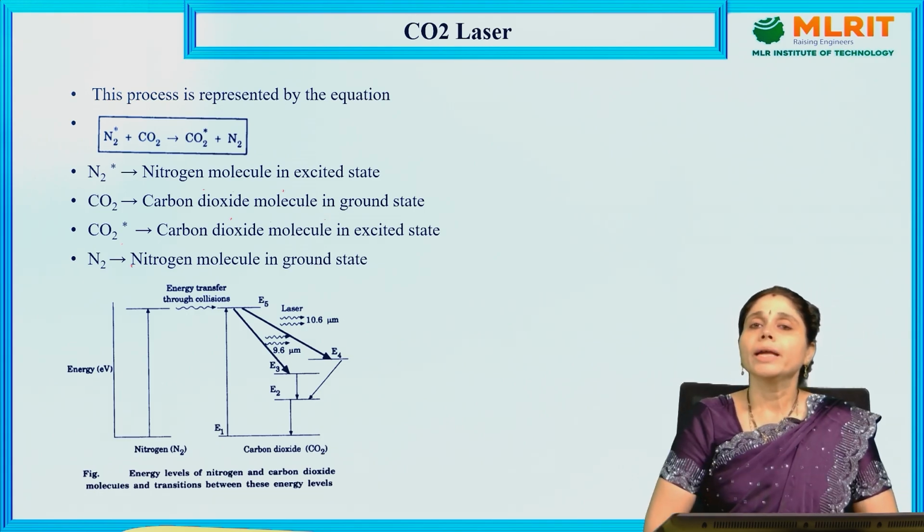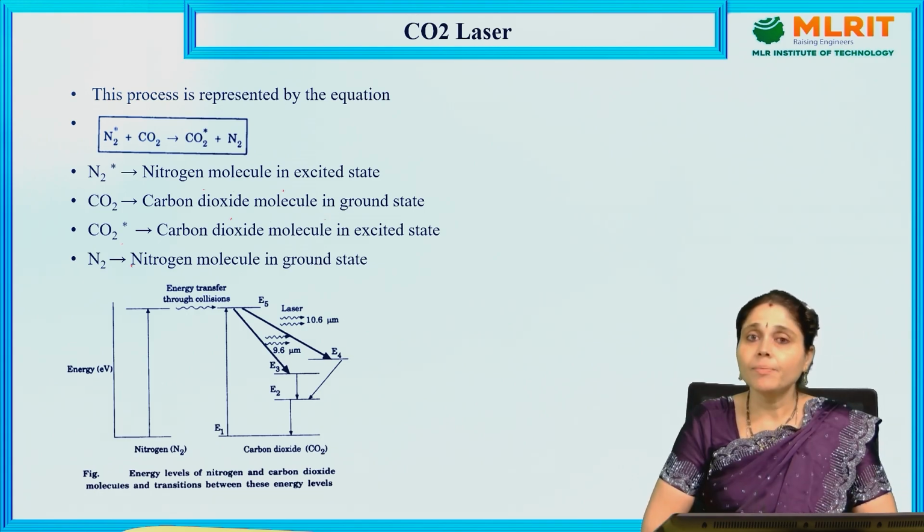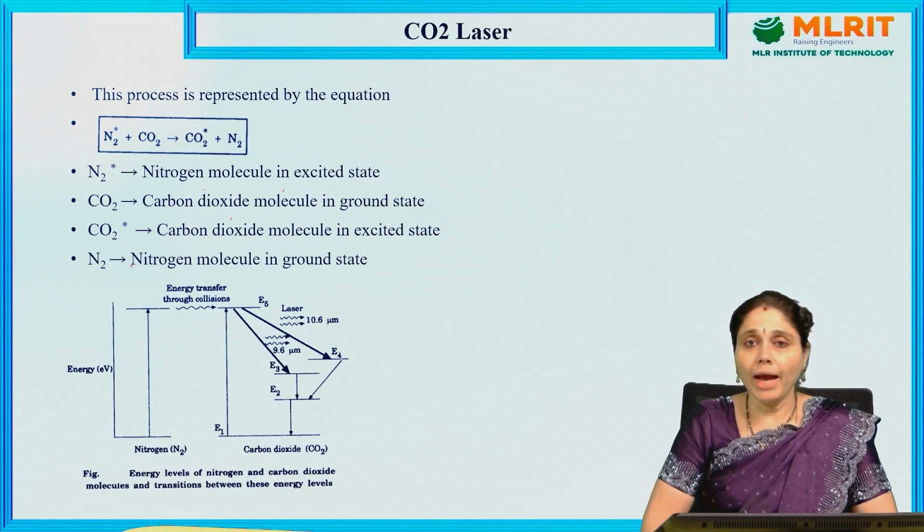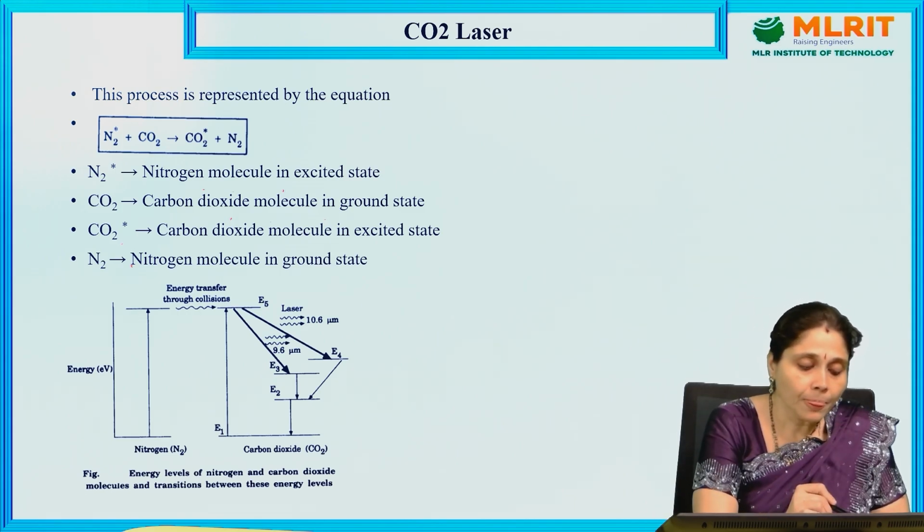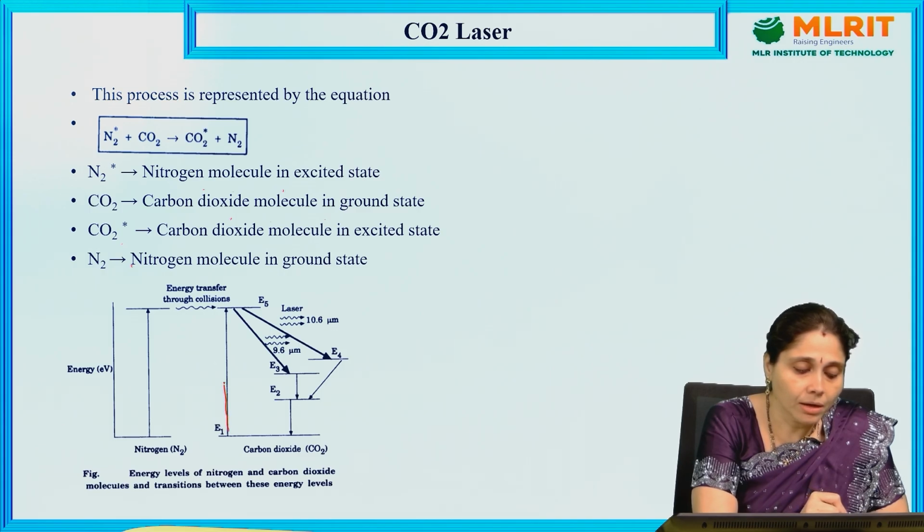In the electrical discharge method using the quartz tube, atomic collisions take place. The N2 molecules impart their energy to the CO2 molecules, so the CO2 molecules come to the excited state.